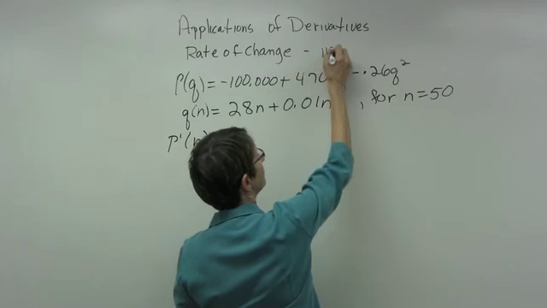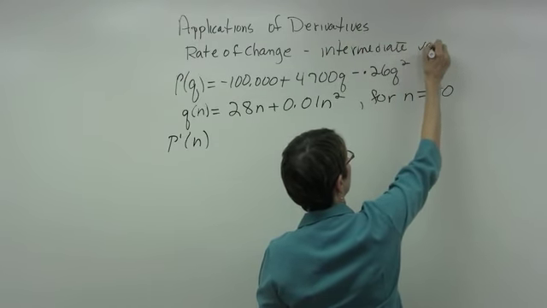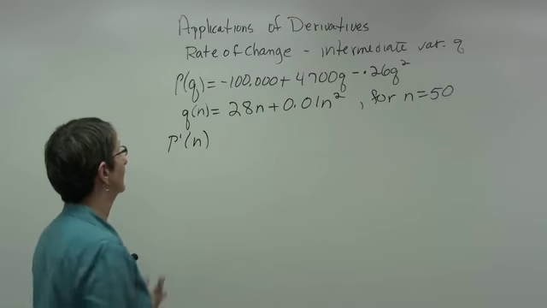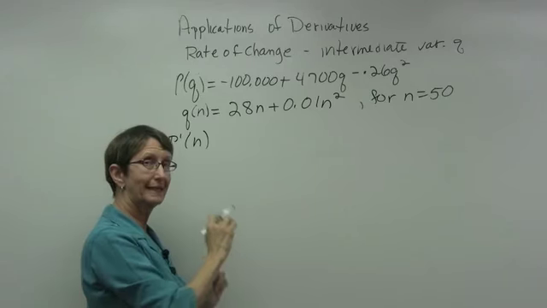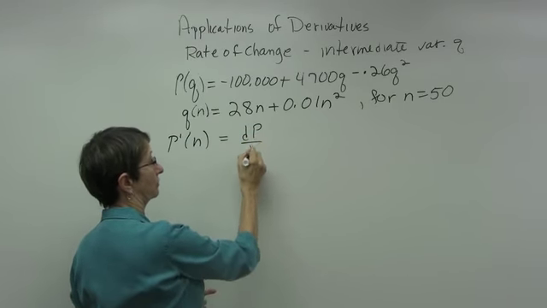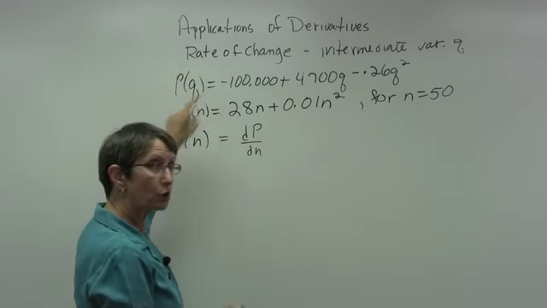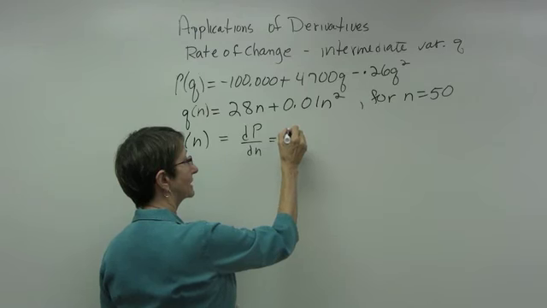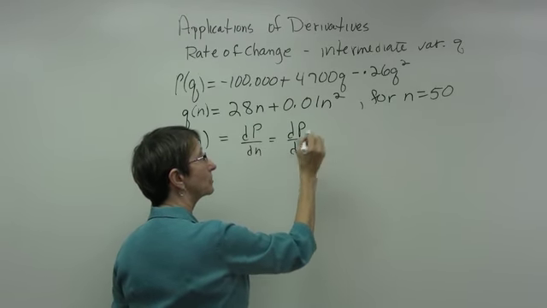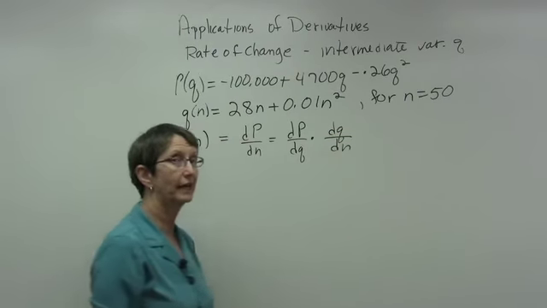So let's try to think how we did that. If I take the derivative of P with respect to N, we have to go through Q, so we write this first. That's the same as the derivative of P with respect to Q multiplied by the derivative of Q with respect to N.